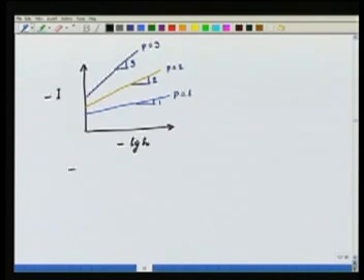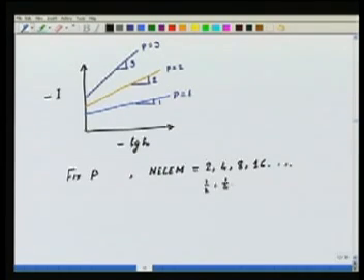So now if I fix p to some value 1, 2 or 3, and then I choose my any LEM, that is the total number of elements is equal to 2, 4, 8, 16 and so on, all multiples of 2, then I essentially get h is equal to 1 by 2, 1 by 4, 1 by 8, 1 by 16 and so on.